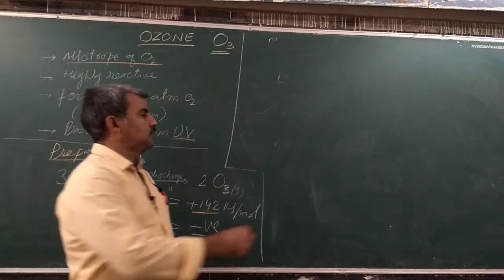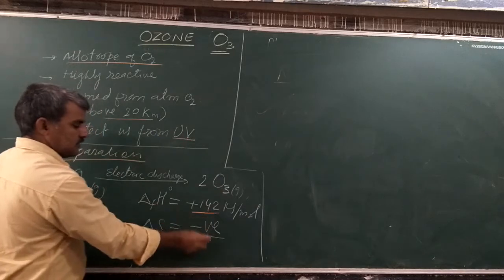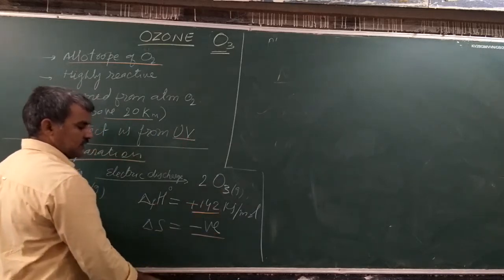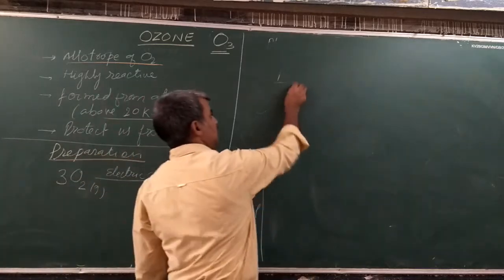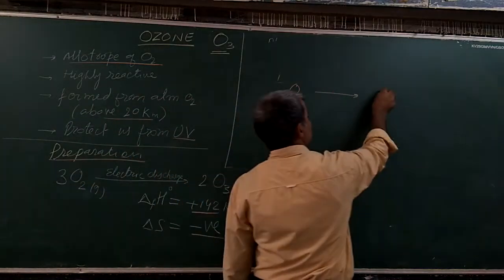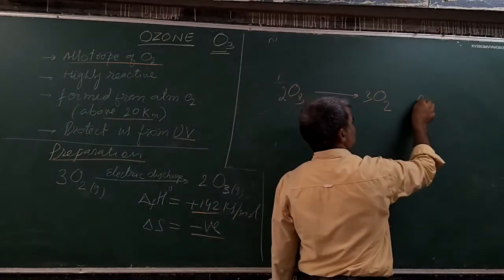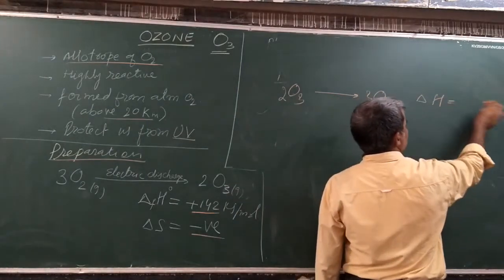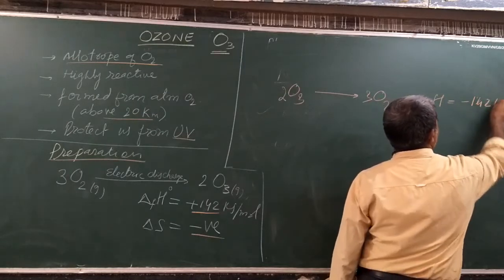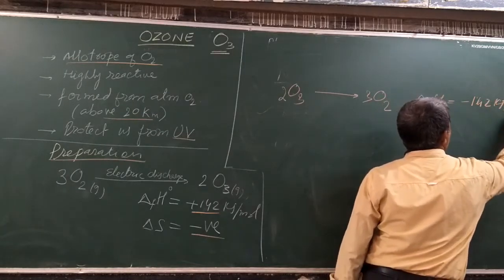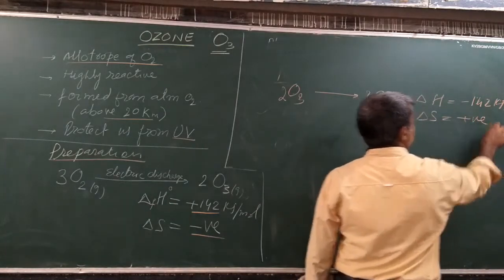Why is it unstable? Because oxygen to ozone is an endothermic reaction, and entropy also decreases. In the reverse direction, 2 moles of ozone to 3 moles of oxygen, the enthalpy change will be minus 142 kilojoules per mole, and entropy is also positive.